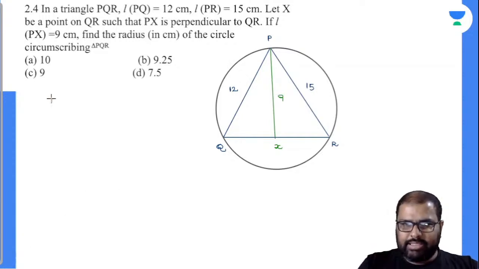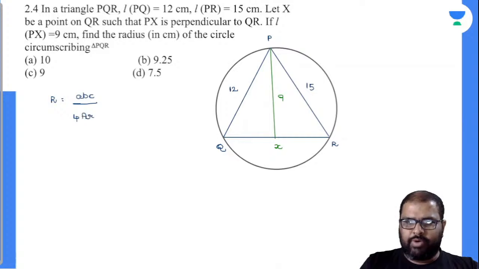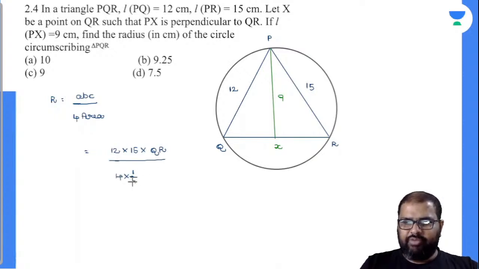So circumradius R is equal to abc by 4 into area. Those who know this formula can solve the question there. Fatafat. I'll take down a value as 12, b value as 15, c value as nothing but QR, divided by 4 into half into area of the triangle.